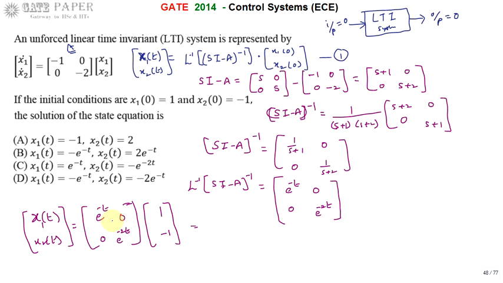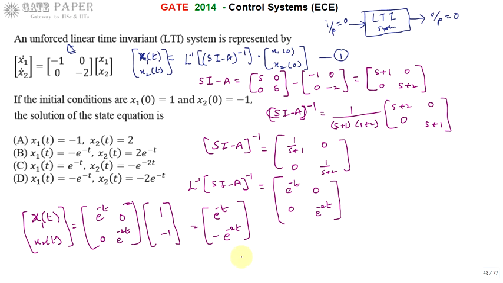If you multiply, it is e power minus t into 1 plus 0 into something, so you get e power minus t. And this is 0 into 1, 0, plus e power minus 2t into minus 1, so this will be minus e power minus 2t.